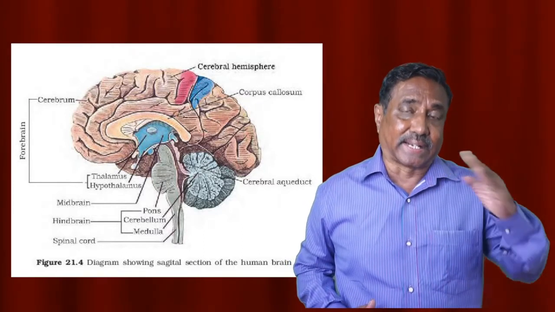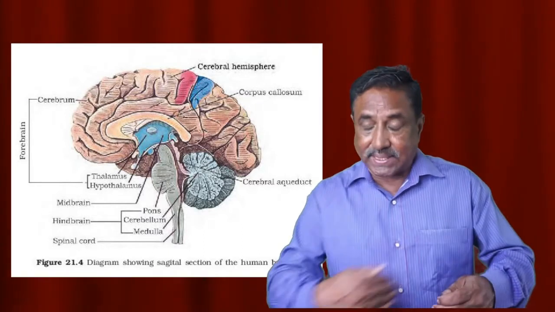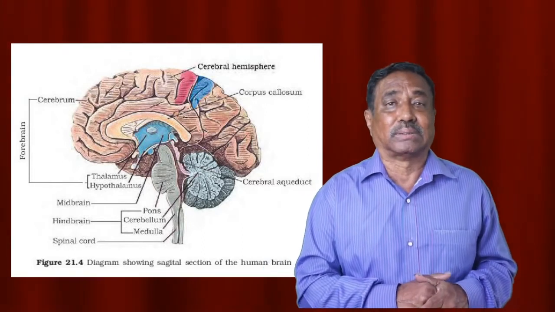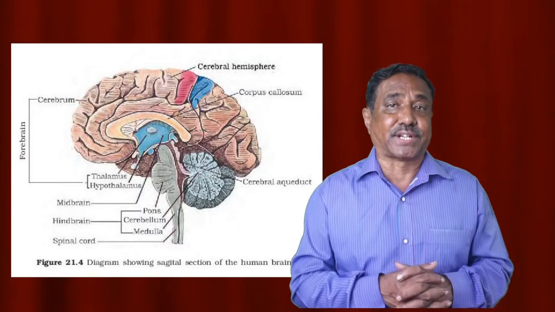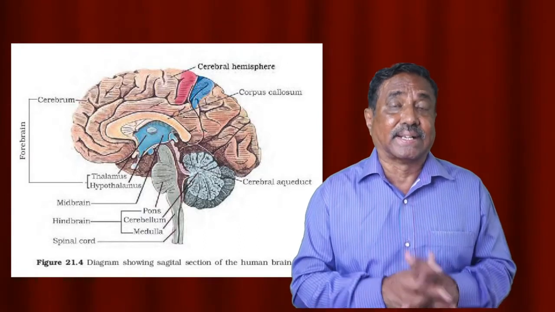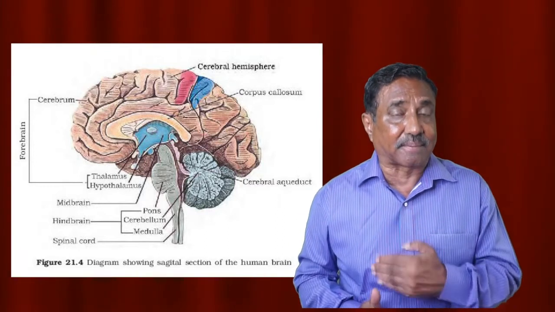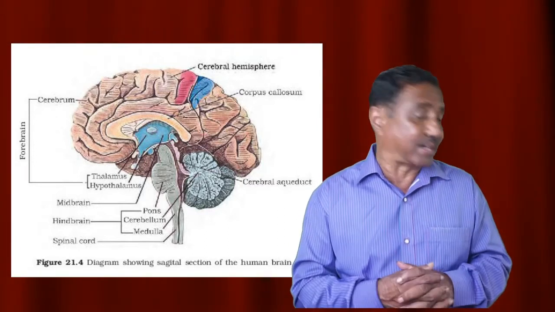Hence, it gives a grayish color. Whereas in the medulla region, in the deep region, myelinated sheaths of neurons are present that give white color, that is the white matter in the interior region.